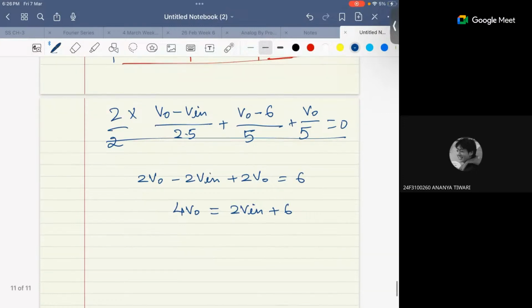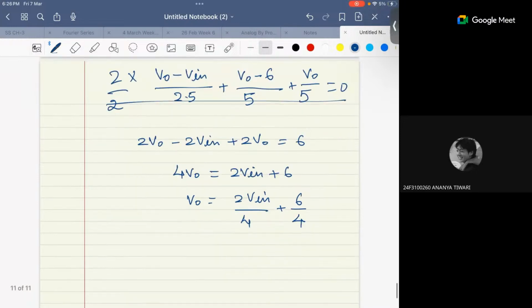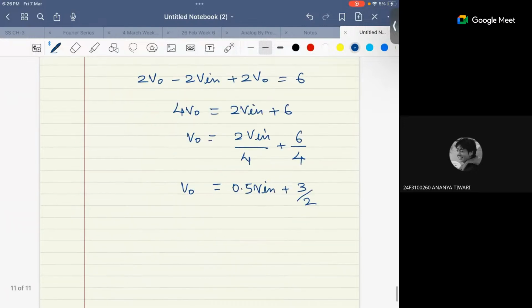That means V0 is 2 V input upon 4 plus 6 upon 4, and this is 0.5 V input plus 3 by 2. So you can directly tell 0.5 would be the transfer, the slope that has been asked. Correct?